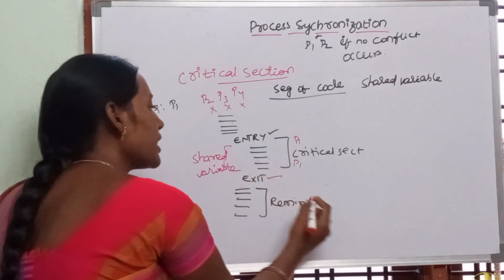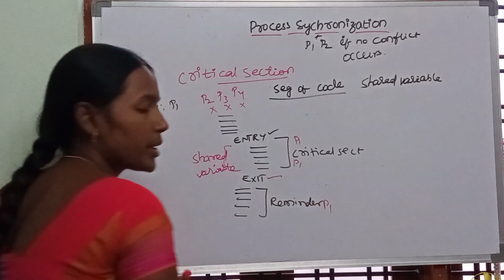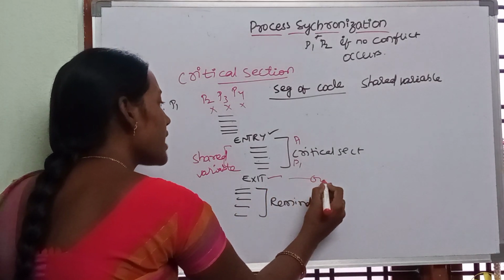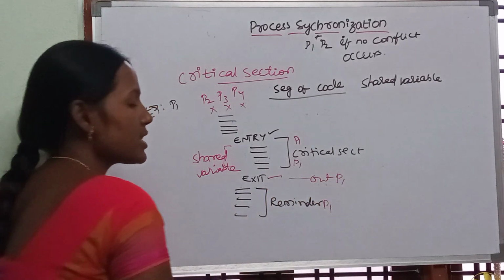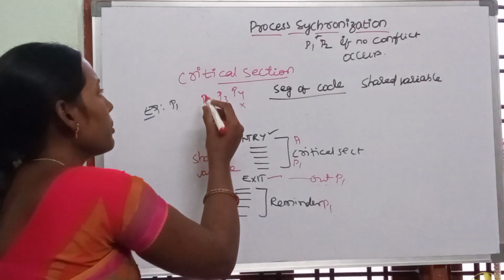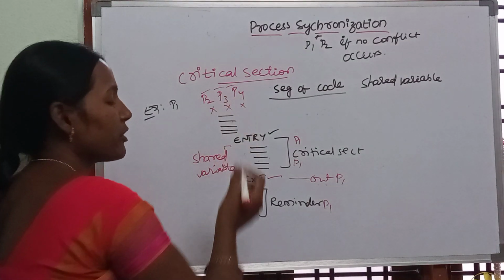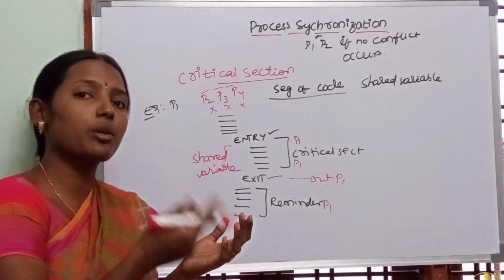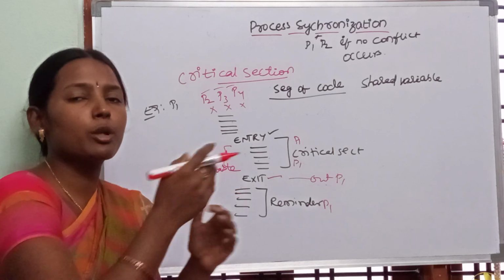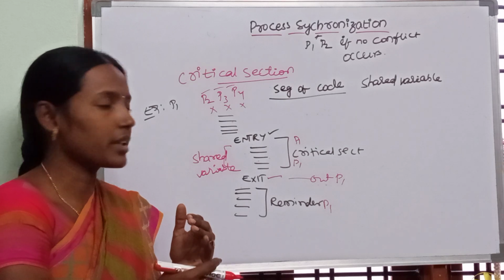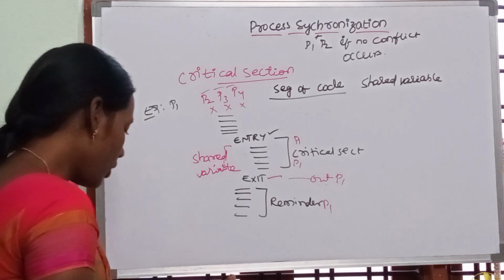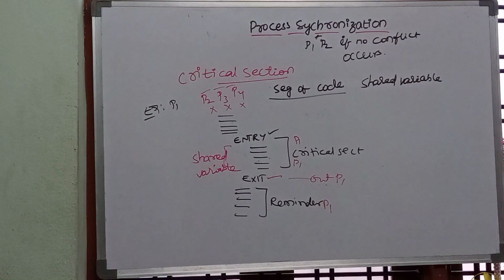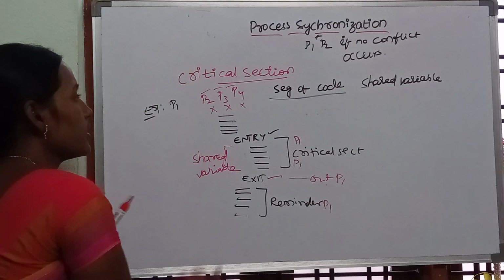After exiting, P1 will execute the remainder section, and as soon as P1 is out of the critical section, the system may give permission to P2, P3 or P4, whichever process is asking. Clear? Now, in order to solve this critical section problem, we have some solutions.